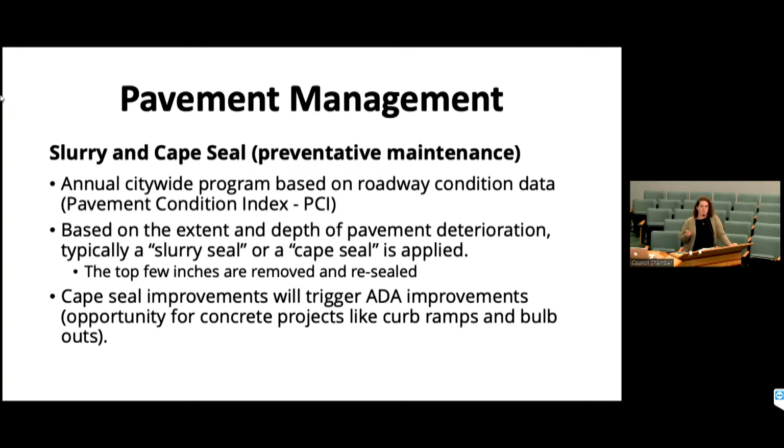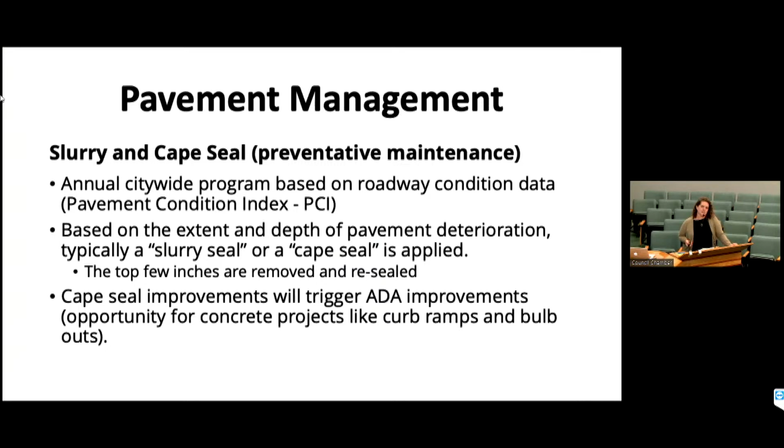So annually, we collect pavement condition index, a PCI, and what this allows us to do is understand how well our roadways are doing, which ones are deteriorating more rapidly. Maybe we can send our street crews out and they can do some kind of patch repair. But this is our way to inventory our facilities.